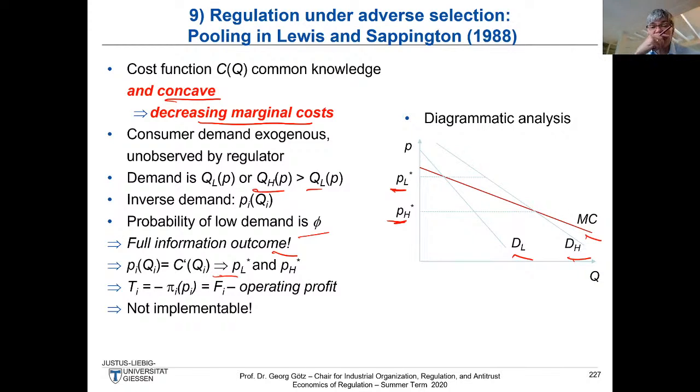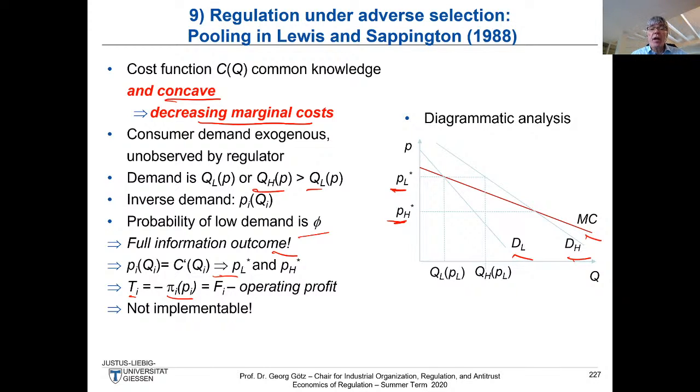So PL would be the price for the low type, and PH would be the price for the high type, and the transfer was simply equal to minus the profit, and that means it would be F, the fixed cost, minus any operating profit arising. And what I want to show you now is that such a situation is not implementable here.